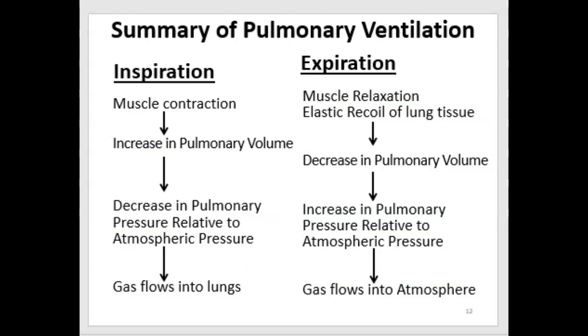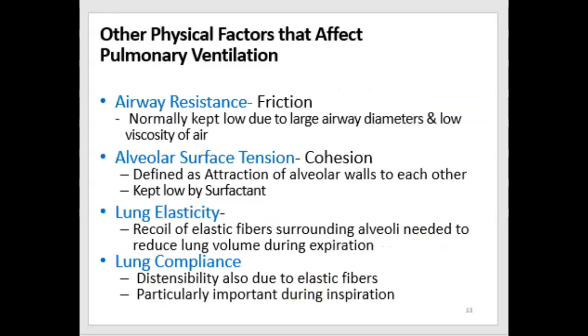Now there are other physical factors that affect the degree of ventilation. And when we talk about disorders, we'll talk about how these factors can vary amongst people and their conditions. But these other factors that affect how much air moves in and out of the lungs are airway resistance, also known as friction, and alveolar surface tension.